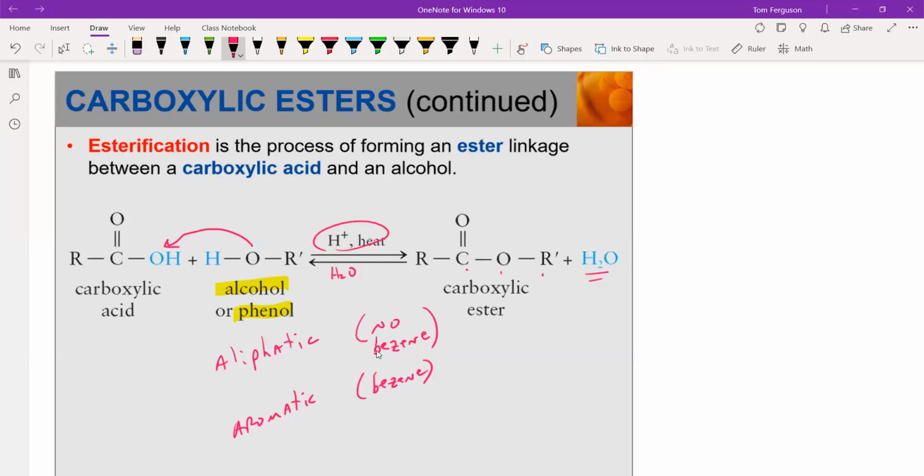Now, notice there's an R and an R prime. All that means is R is some kind of a carbon chain, and R prime is a carbon chain, but it's not necessarily the same as R. It's just different. You can also have R double prime as well.